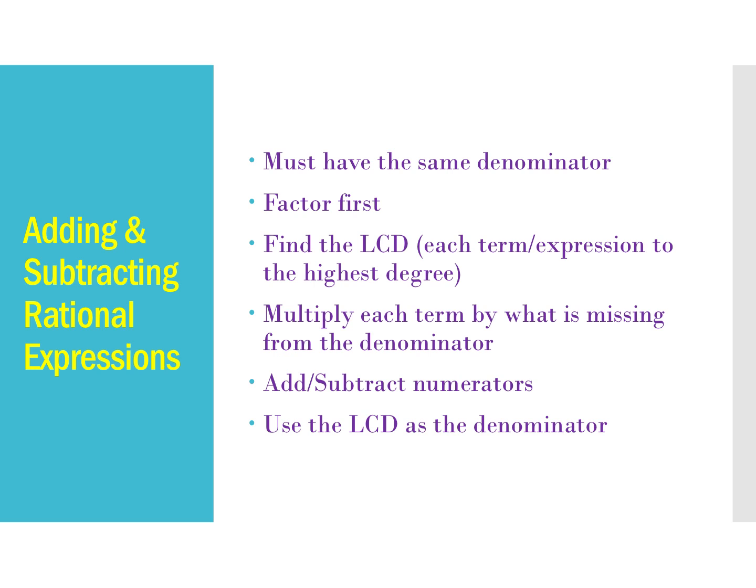Then once we find that LCD, we have to multiply each term by what it's missing from the denominator. So whatever you multiply to get as the common denominator, you also have to do to the numerator. Once you find the common denominator, then you're just going to add and subtract your numerators. And then the LCD stays the same. So let's go ahead and take a look at some examples.